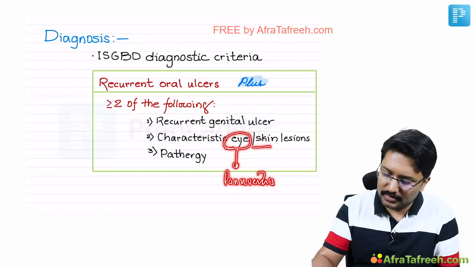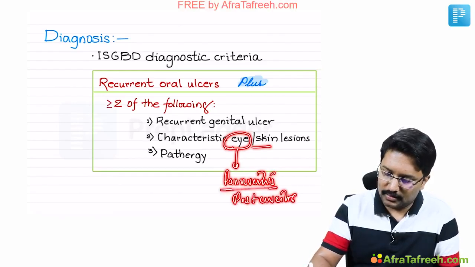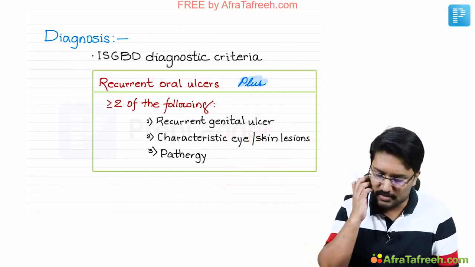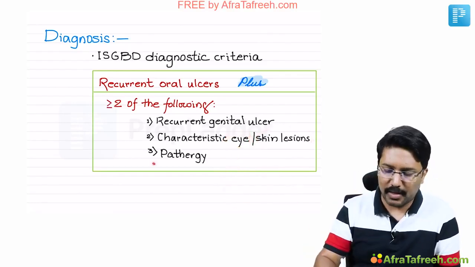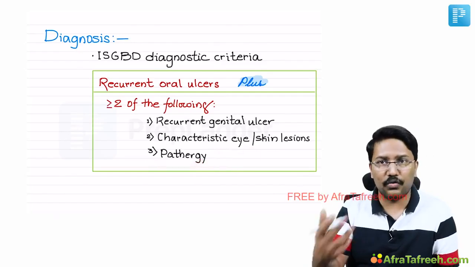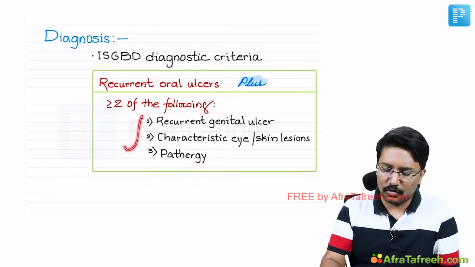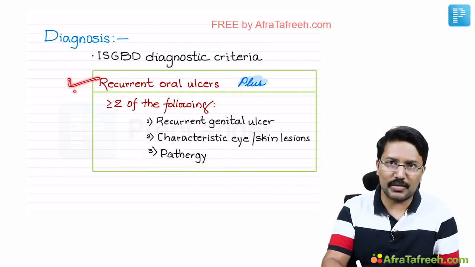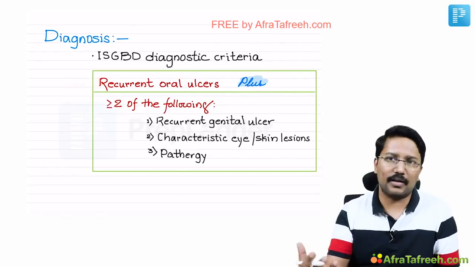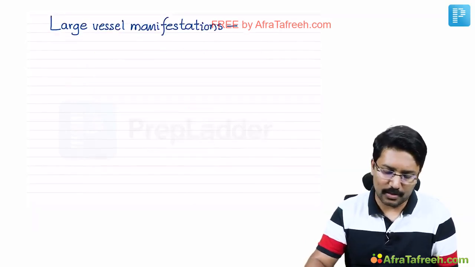If not pan-uveitis, then it should be posterior uveitis. Then what are the characteristic skin lesions? We have already discussed about it. Now the last one is pathergy test positive. We know how do we do the pathergy test and how do we interpret. So if 2 out of these 4 are present in a patient who presented with recurrent oral ulcers, you can diagnose the case as Behçet's disease, right? Okay, that is about diagnostics.